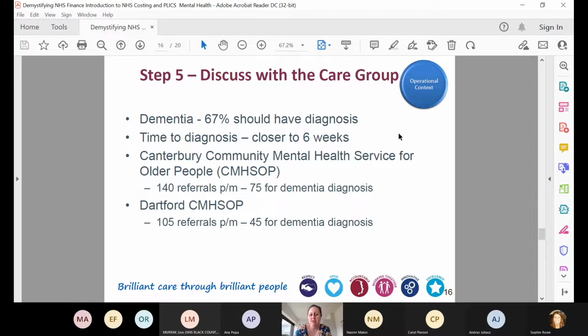Our time to diagnose should be 6 weeks. So when we're thinking cluster review periods, how does that tie in to the number of patients that are over a year, for example, with our teams? And then they were feeding through different information to us around referral rates and diagnosis rates. So all of that was then helping us to add richness to the information that we'd started to look at.